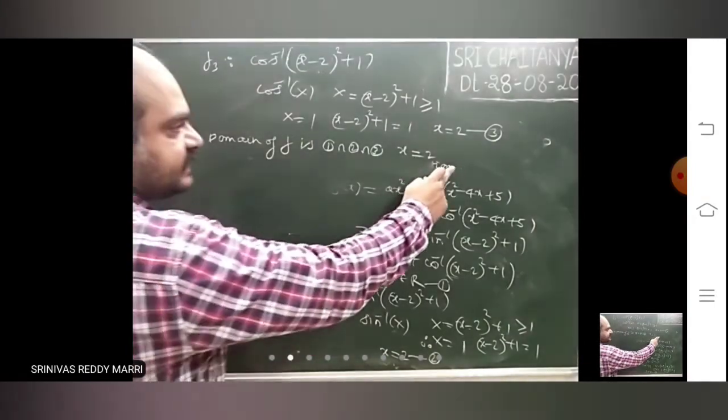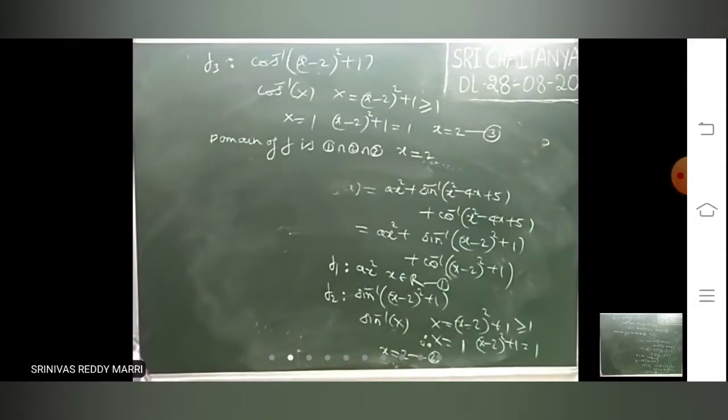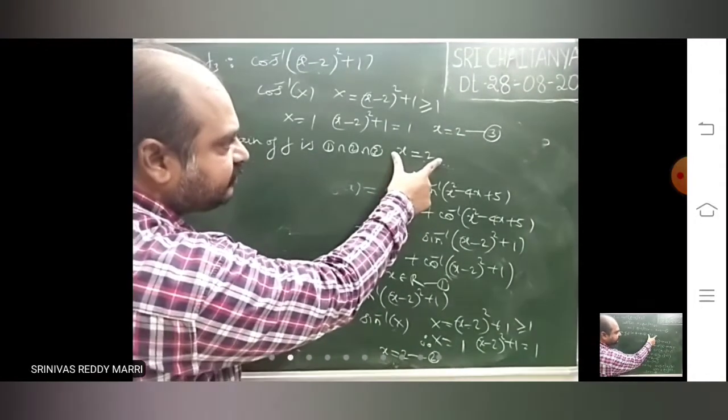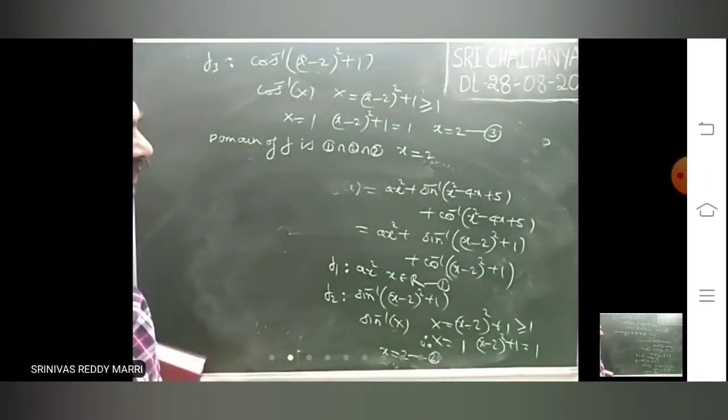As in the domain only x equal to 2 is there, it must be the solution of the given equation, because f of x will be defined only for x equal to 2. He has given that it must have at least one solution.